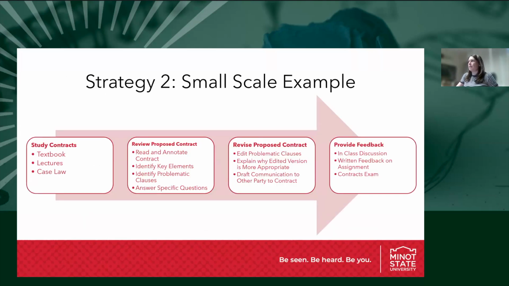So first, a small scale example. Here is just a linear visual of how I've used this when we've studied contracts in a business law course. And so I teach business law to accountants, and accountants are generally looking to take that, well, they're required to take the class, but they're also using that information that they gain from that class in hopes that ultimately they'll become CPAs.